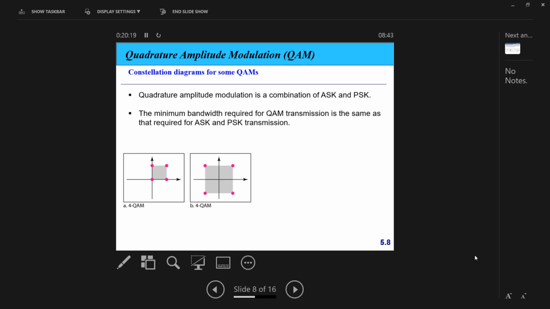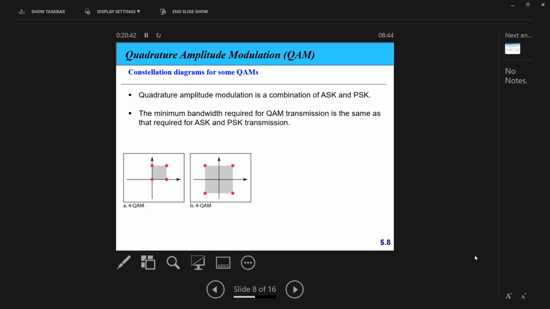For example, QPSK can be a special case of QAM. And we have four levels, so it can be the same but with different amplitude. We can change the amplitude now, so instead of a circle it will be a square.